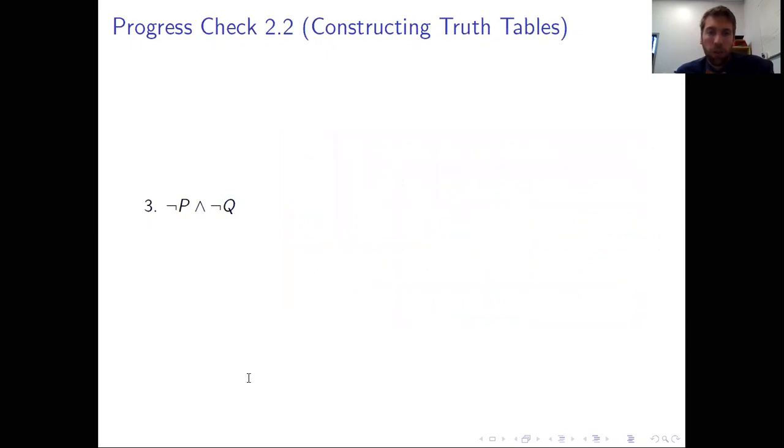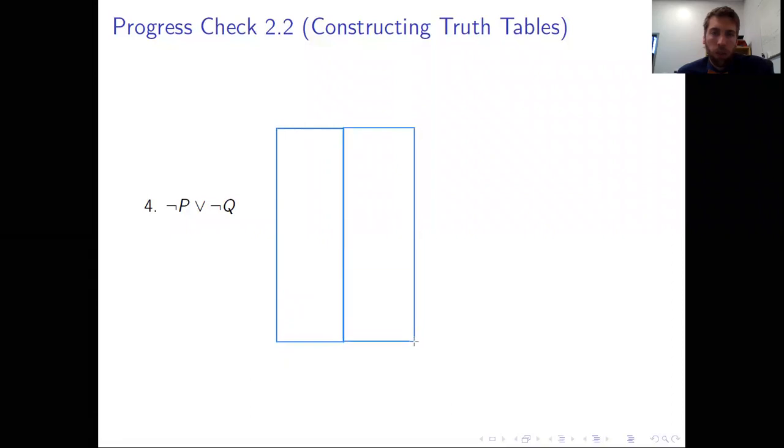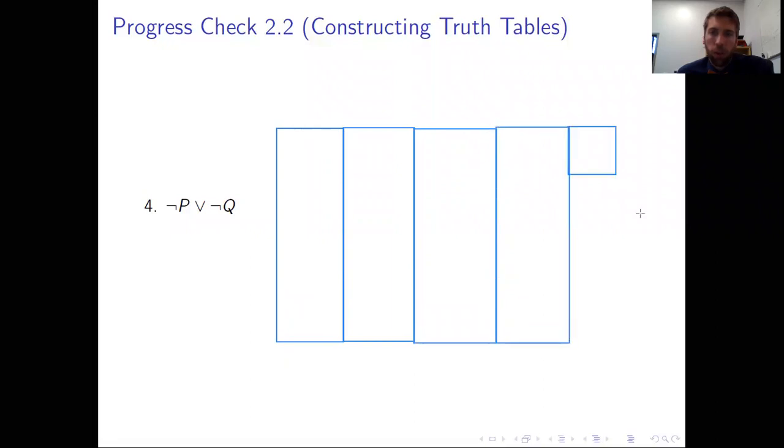Our last one coming up, not P or not Q. Let's build our table. We need one for P, one for Q, one for not P, one for not Q, and one for not P or not Q. Then we need some straight lines.